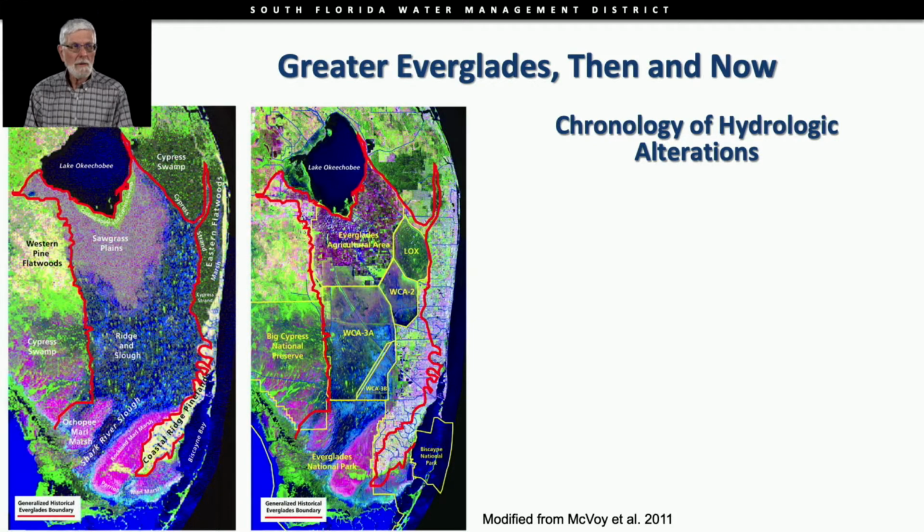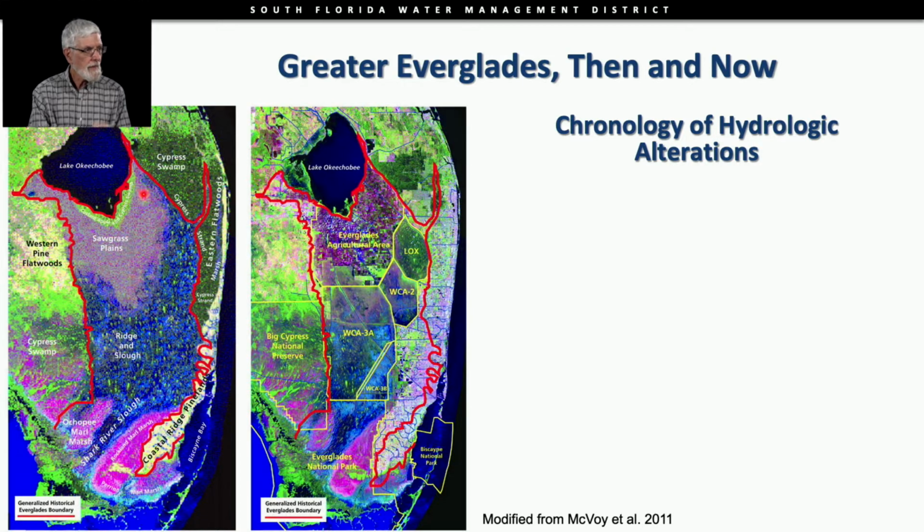So the Greater Everglades then and now, it's definitely a significant change. Obviously, you can see from the image on the left that the Everglades had giant sawgrass plains, which tended to act like a sieve and create the sheet flow that went into the Ridge and Slough system, which eventually went into Shark Slough and Taylor Slough in Florida Bay.